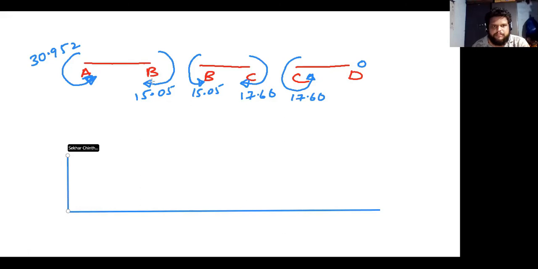So this is 30.95 and this is 15.05. So this is showing upwards and this is also showing upwards. At joint B, this is the net moment. Okay, so 17.66 here. Please write this as 17.66. Now at joint C, we have 17.66. At joint D, it is 0. Now we join all these points.